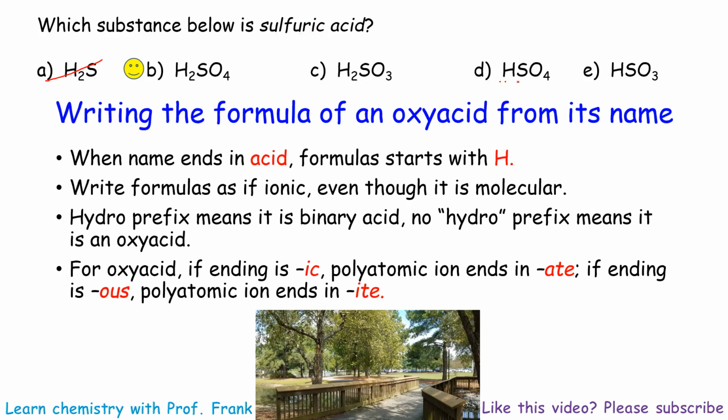How about D though? That's 1 hydrogen and 1 sulfate. Sulfate carries 2 negative and hydrogen carries 1 positive. So this is really not a molecule, this is an ion. It carries an overall charge of -1.